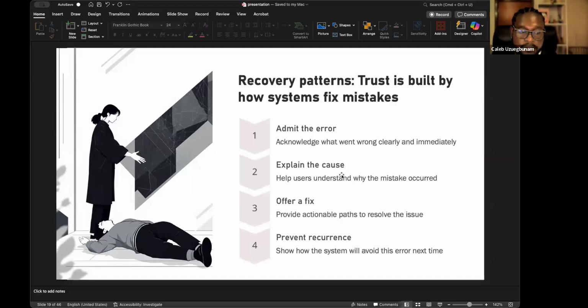First step is to admit the error, right? If, for instance, ChatGPT tells you that you could put salt in a cup of coffee, and that's an obvious error. Not a good example, because usually errors are very subtle and more annoying than that.